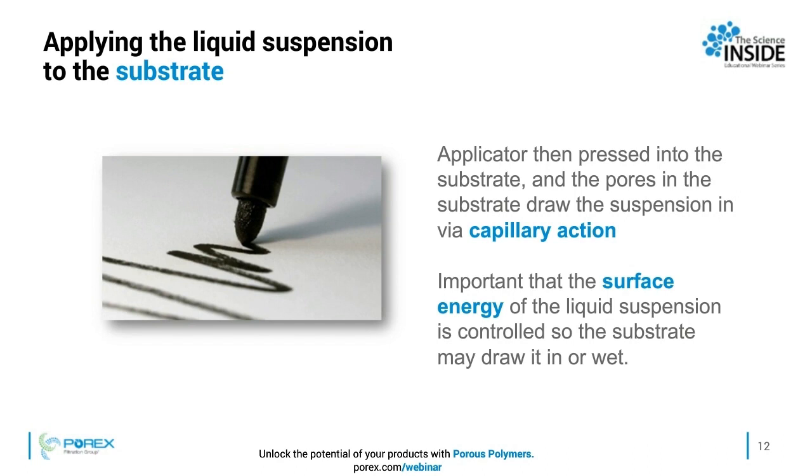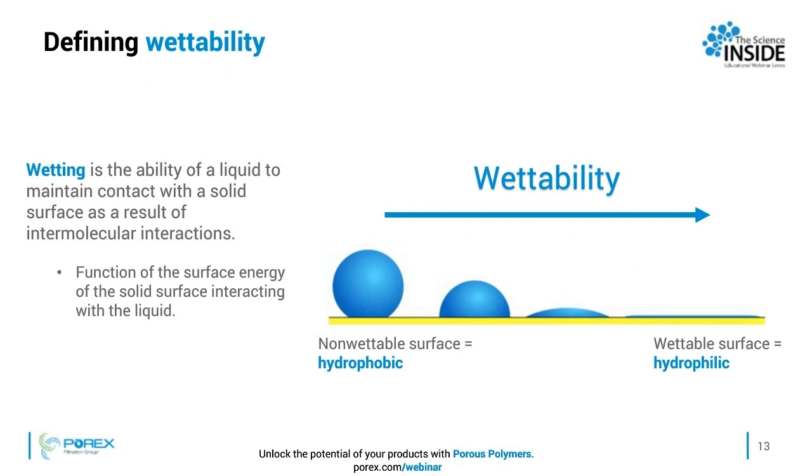So what does wetting a surface mean? Let's define wettability. Wetting is the ability of a liquid to maintain contact with a solid surface as a result of intermolecular interactions. It is directly a function of the surface energy of the solid surface which is interacting with the liquid.